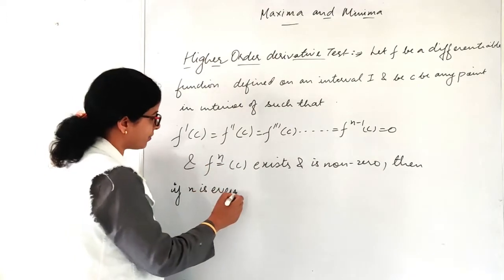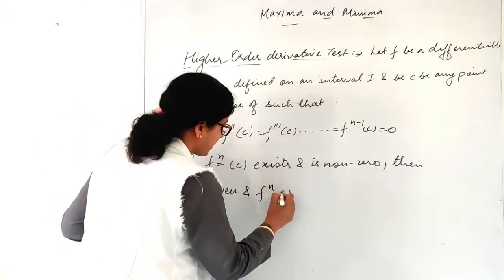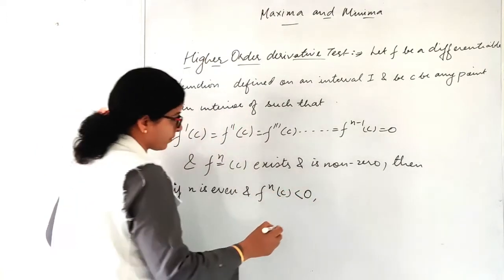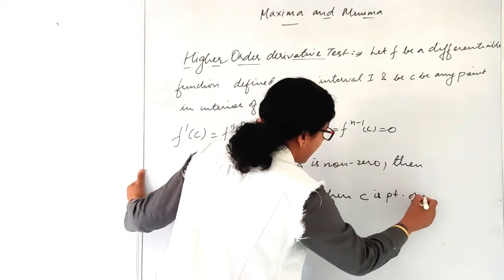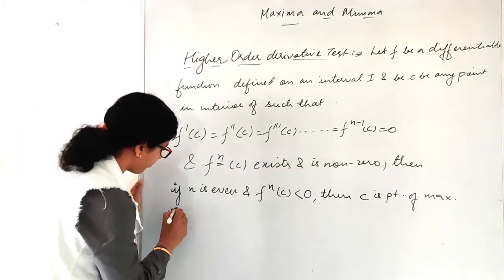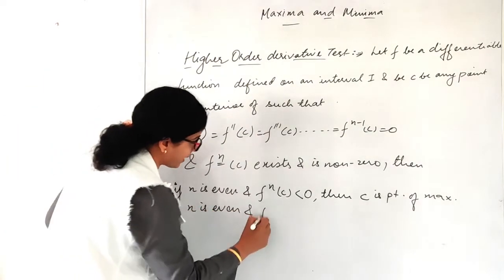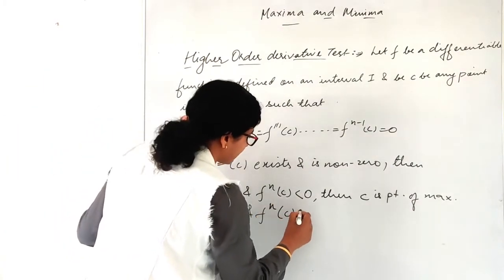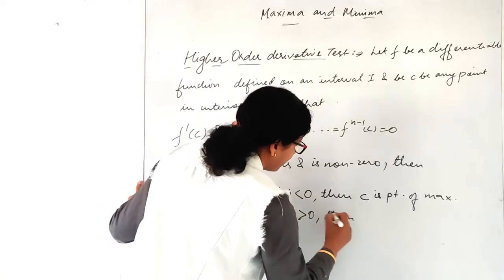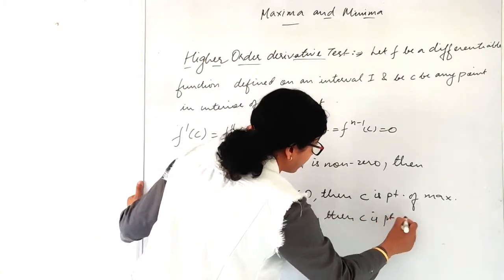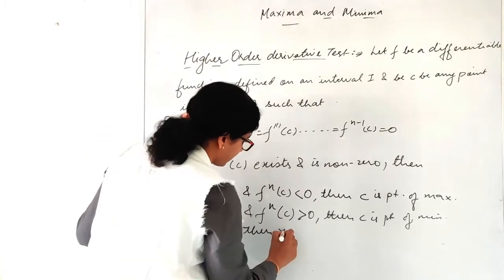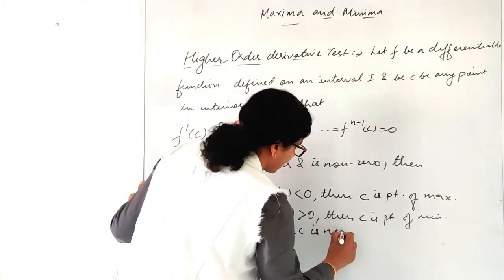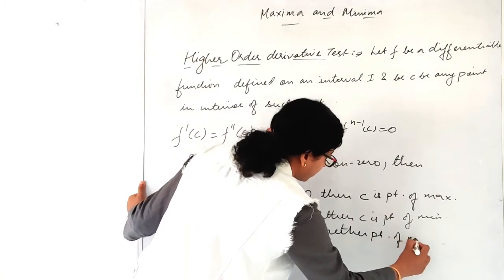If n is even and f^n(c) is less than 0, in that case c is a point of maxima. Is that clear? If n is even and f^n(c) is greater than 0, then c is a point of minima. If n is odd, then x is equal to c is neither a point of maxima nor minima.